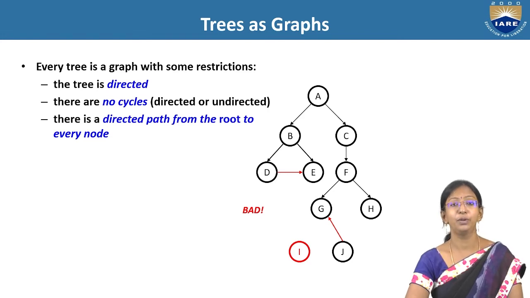Okay, there should not be any cycles, any bottom-up approach, any isolated vertices. Then you can call a graph to be a tree. Remember, cycles should not be there.